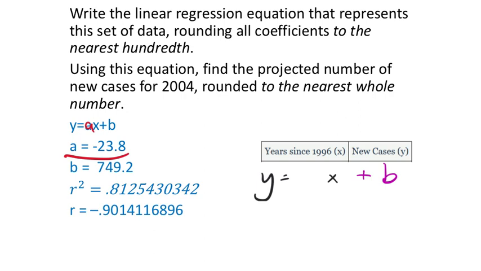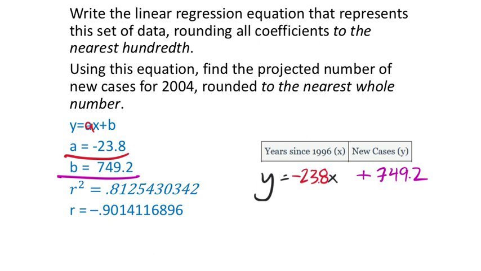No need to round this to the nearest hundredth like it says here, because these are in the tenths. So that's -23.8. That's my slope. And then the B value, which is my y-intercept, is showing as positive 749.2. So I take the B and replace it with plus, because it's positive 749.2. That's the equation. That's all we need for the equation.